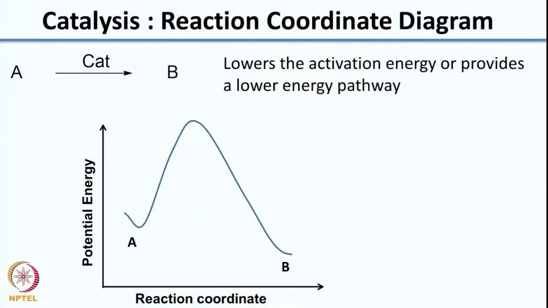So, in the earlier slide I had told you that a catalyst lowers the activation energy of the reaction. So, if I go from a reactant A to the product B, what a catalyst does is it lowers the activation energy. A lot of books sometimes indicate this as a process like this.